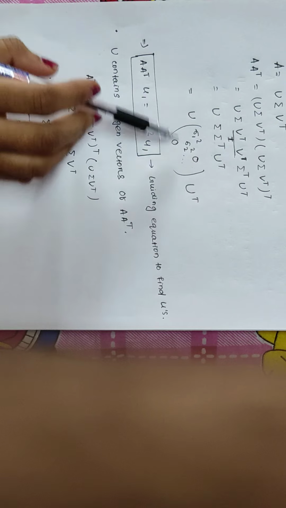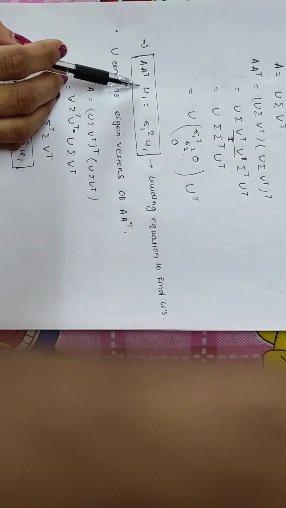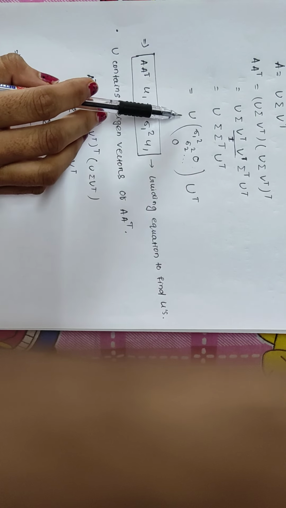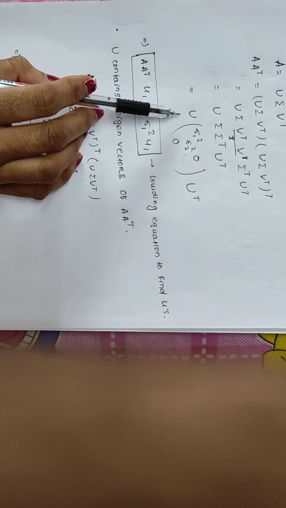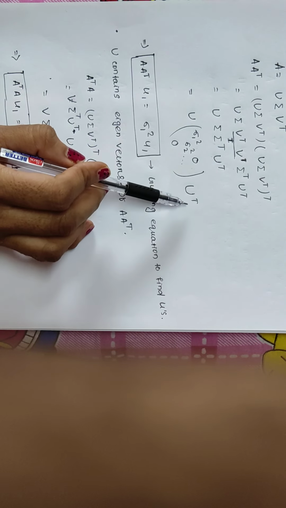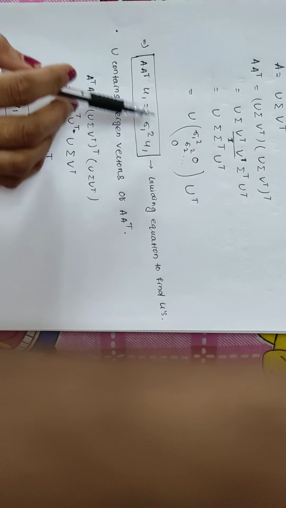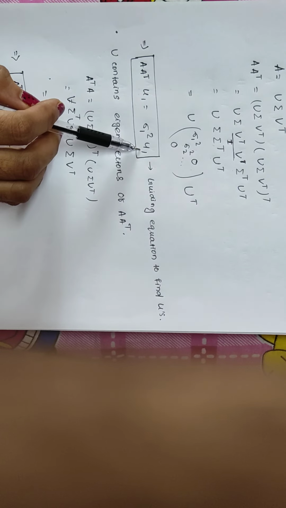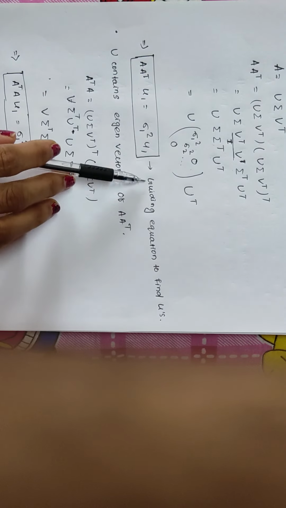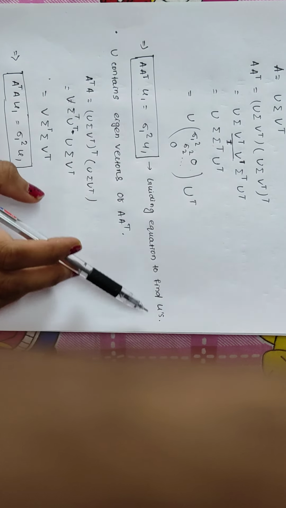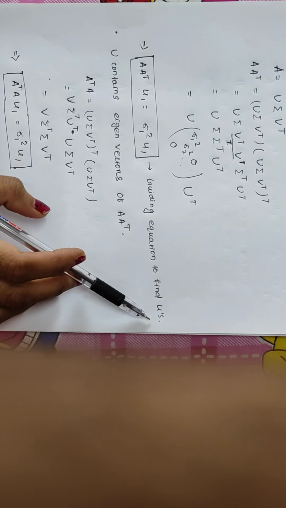From this equation, if we operate it on U1, then U transpose U is going to be identity, and we are going to get A A transpose U1 equal to sigma 1 squared U1. So this is the guiding equation for finding U. A A transpose U1 equal to sigma 1 squared U1 is the guiding equation for finding all the values of U.